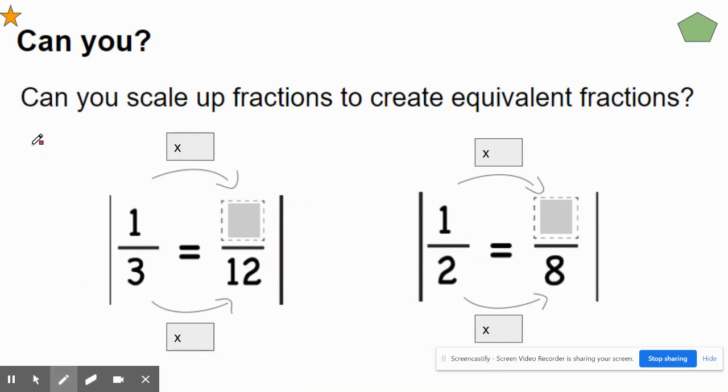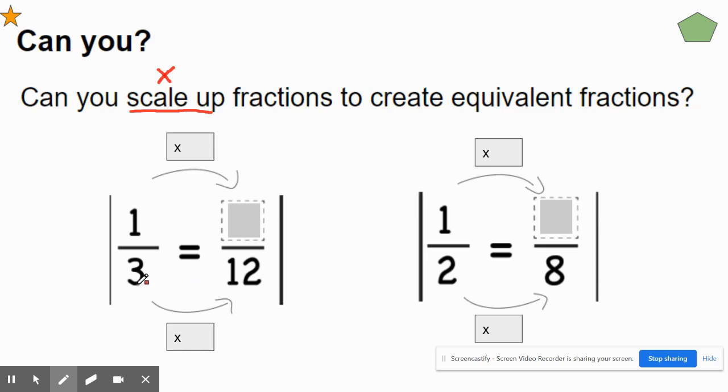Our next skill is scaling up fractions to create equivalent fractions. All right, so you might remember that the math involved with scaling up is almost always going to be multiplication. Okay, so you just have to see how you're going from one fraction, the first fraction, to the second fraction. Okay, we're going from small numbers in our first fraction to bigger numbers in the second fraction.